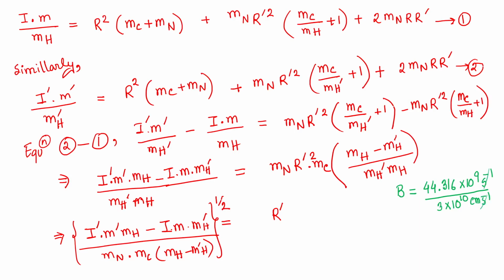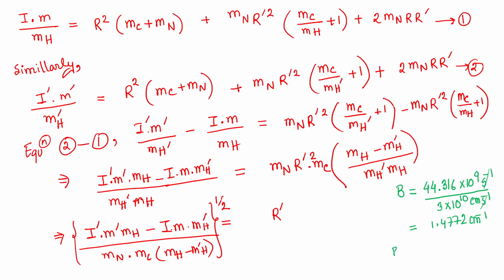So second inverse is gone, and you are left with, let me use the calculator, 44.316 divided by 3, that is 14, and then you have 1 by 10, so 1.477 centimeter inverse.